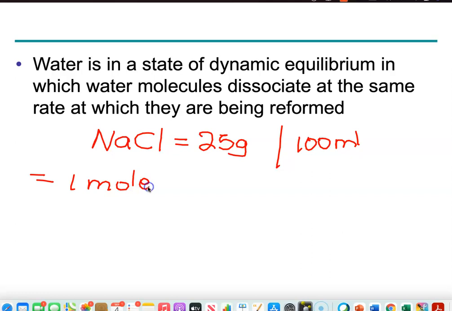I would look on the periodic table, and Na has an atomic mass of 23, and Cl is 35.